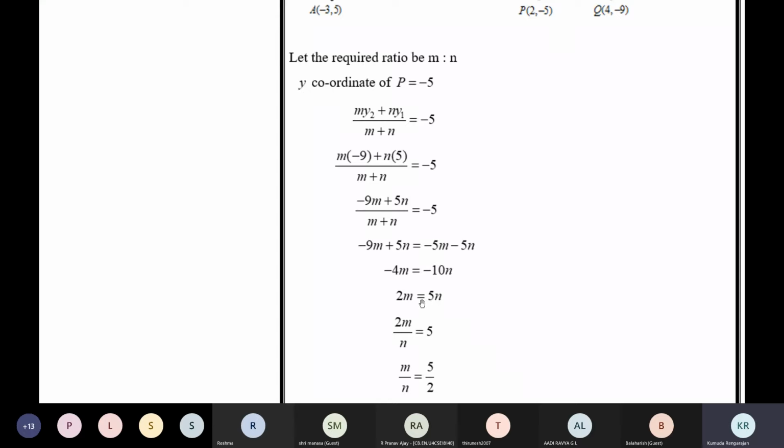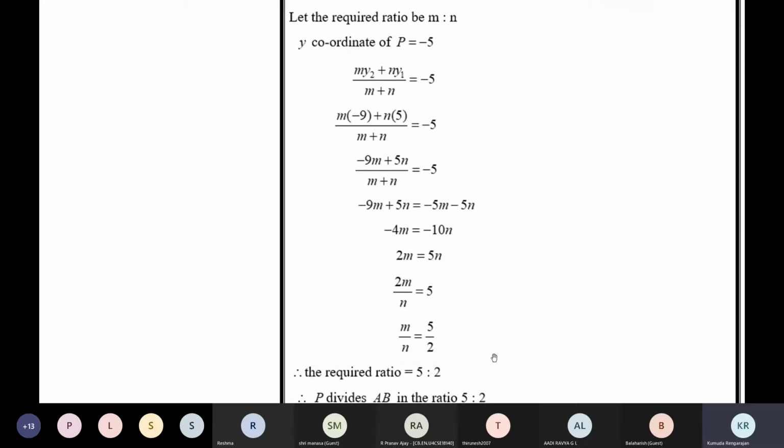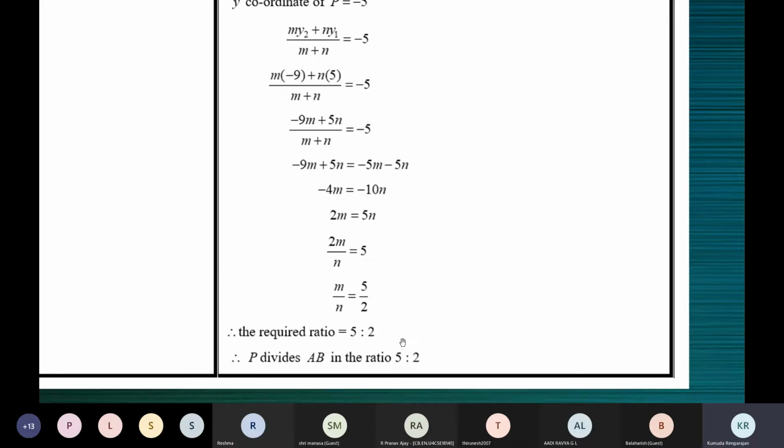Now we don't want the 2 here, so m/n = 5/2. The 2 goes to the other side. So the ratio is 5/2. The required ratio is 5:2. That means P divides AB in the ratio 5:2.